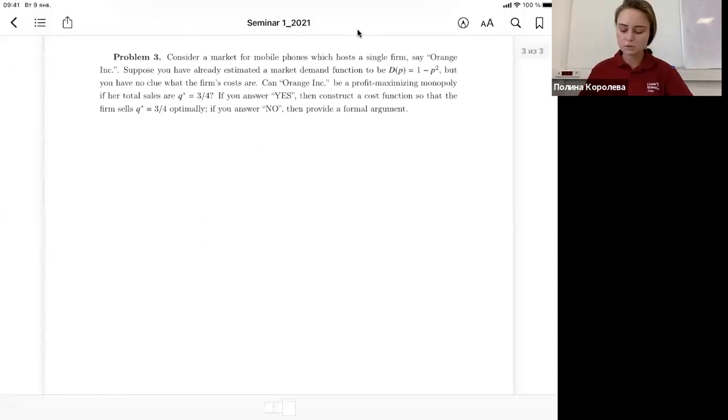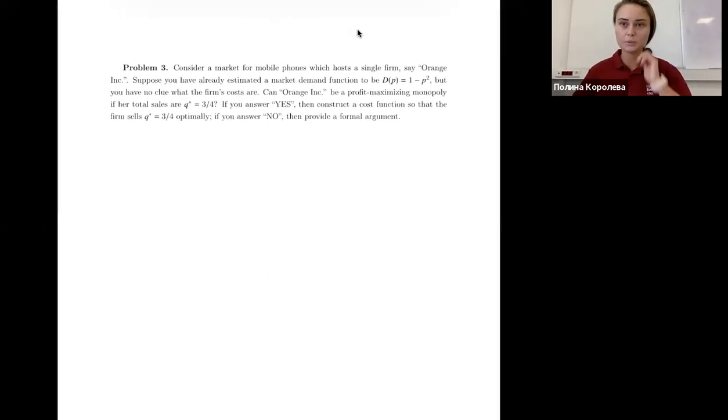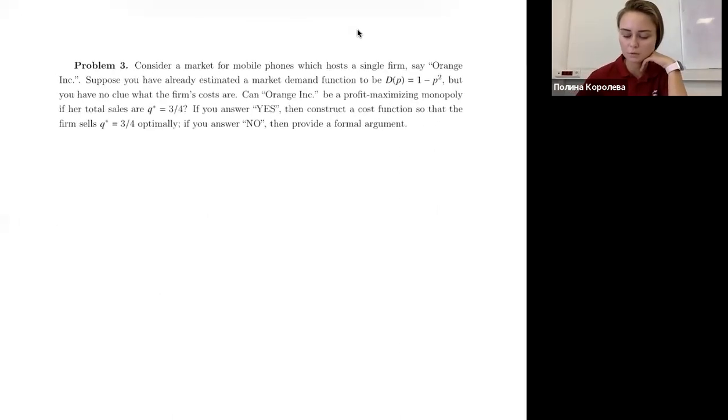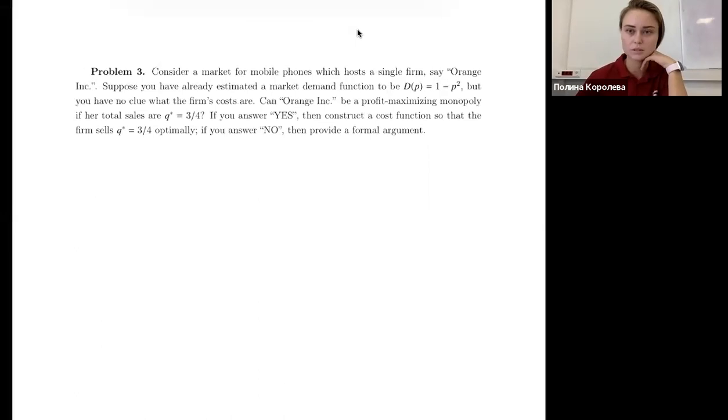What do you know about monopoly? Maybe somebody knows how to prove it, how to solve this task. Any suggestions? Okay, I will try to prove it.